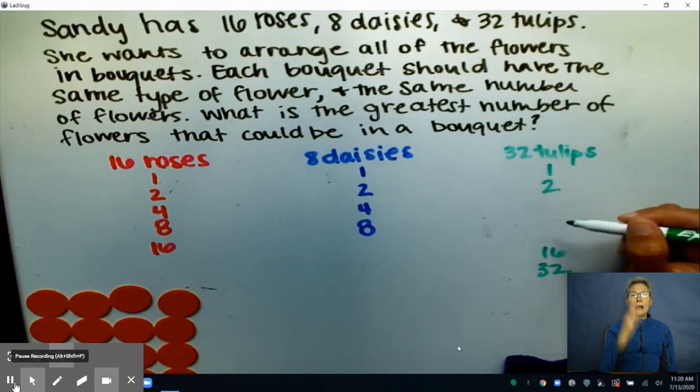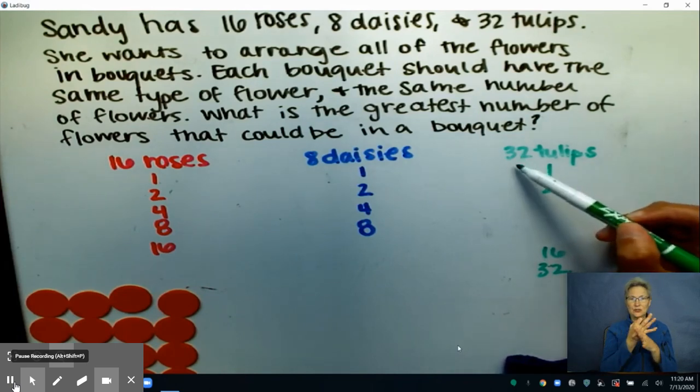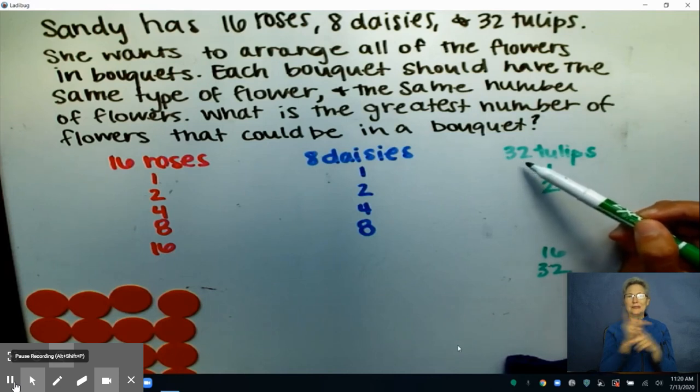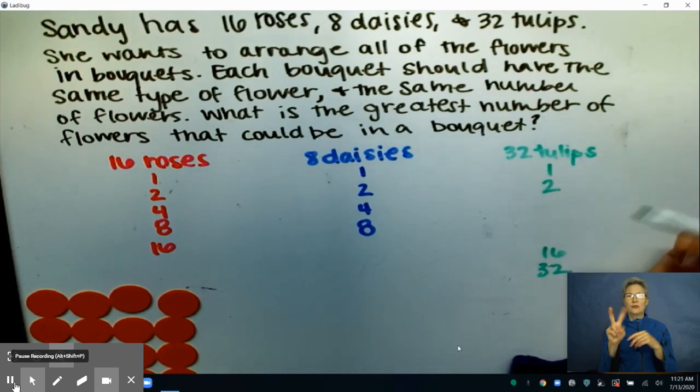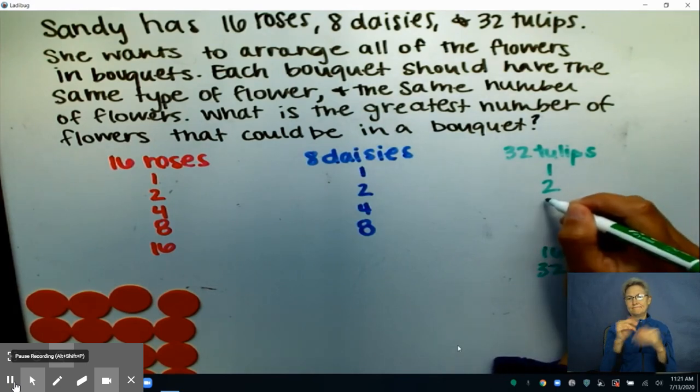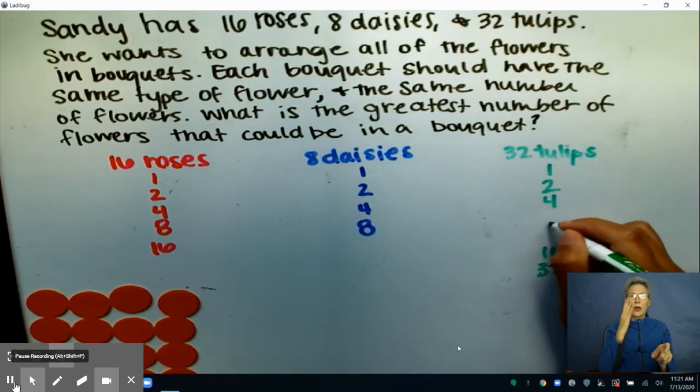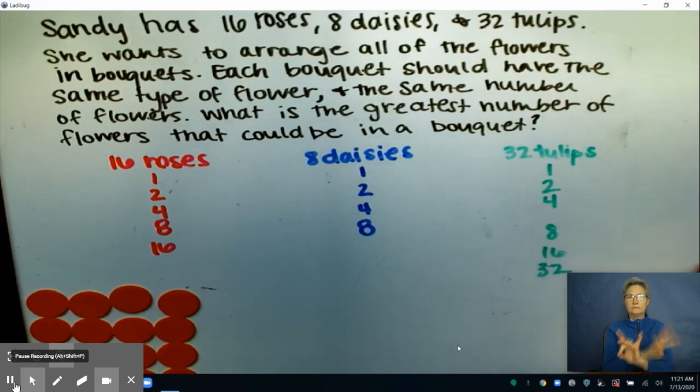I know 3 is not a factor of 32 because 3 times 10 is 30 and 3 times 11 is 33. So there's no whole number that multiplies by 3 to get to 32. I do know, however, that 4 is a factor of 32. I know that 4 and 8 are a factor pair of 32.